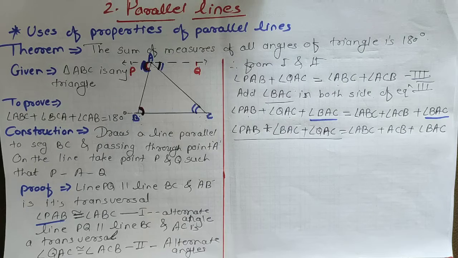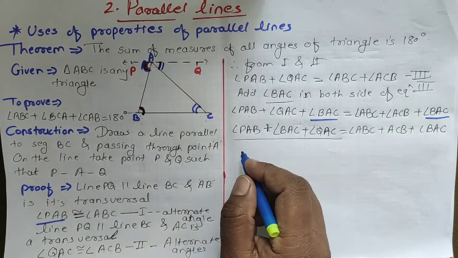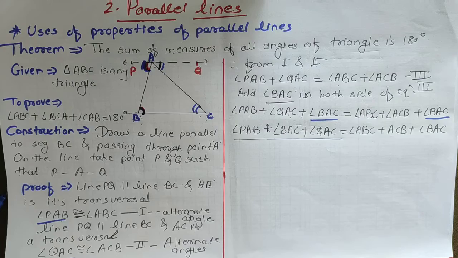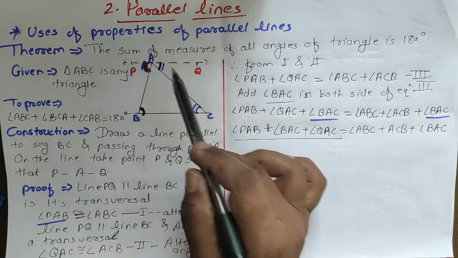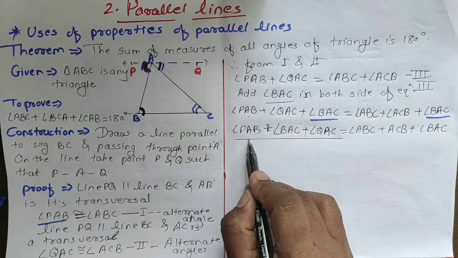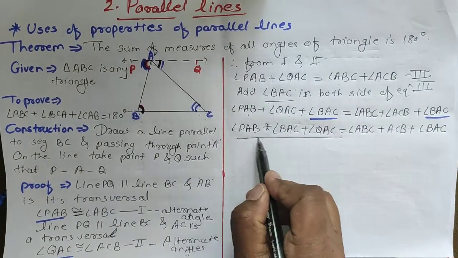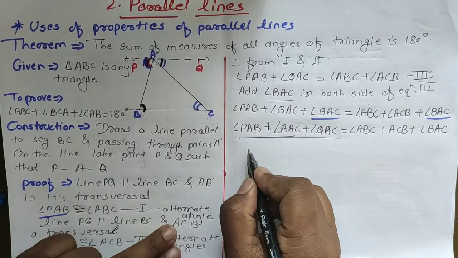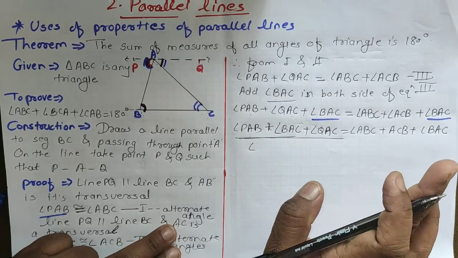Therefore, write angle PAC. In your textbook it is written directly; if you write that the sum of all these angles is equal to 180, that is also okay.